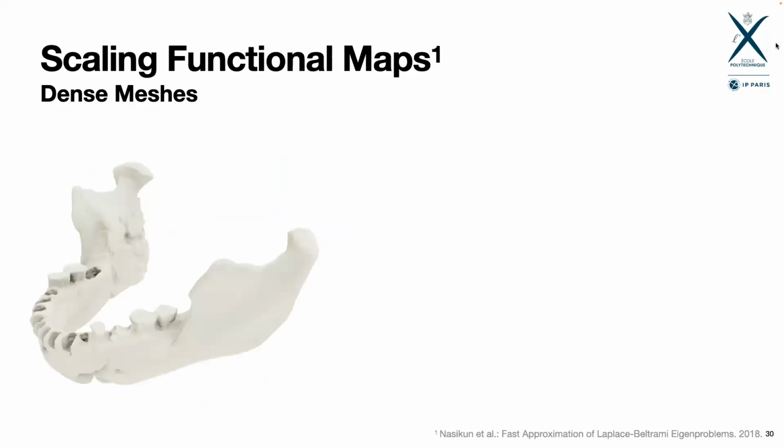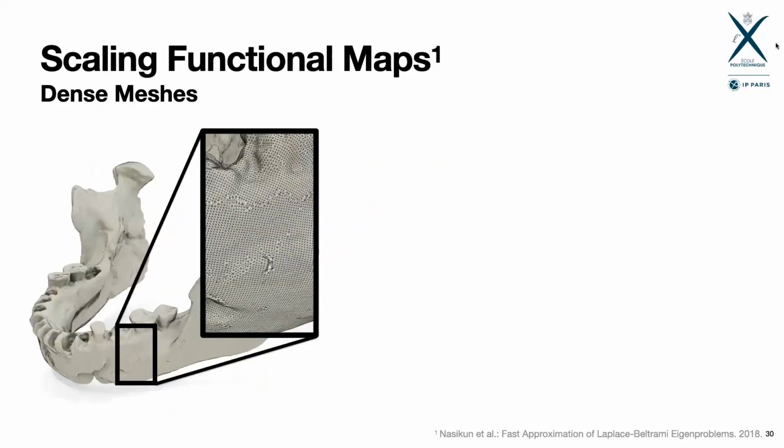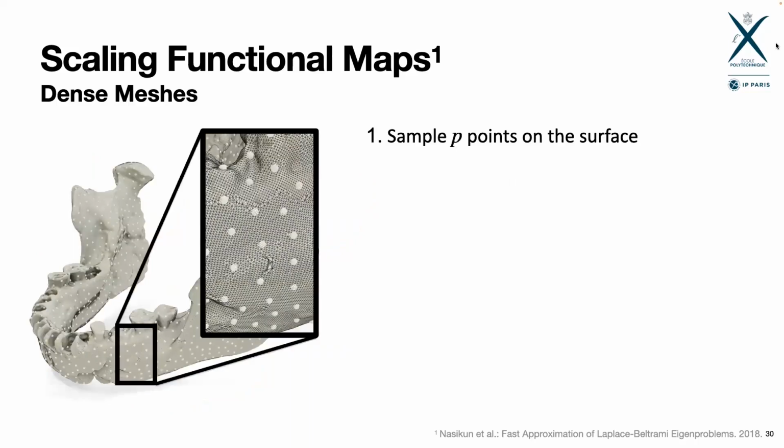And the overall algorithm, which was derived in 2018, was: okay, I have my shape with a lot of points. I can just sample p points on the surface in a fast way, like Poisson disk sampling, or even random, whatever. You just have a fast sampling, which is not guaranteed to be evenly spaced. It's okay.